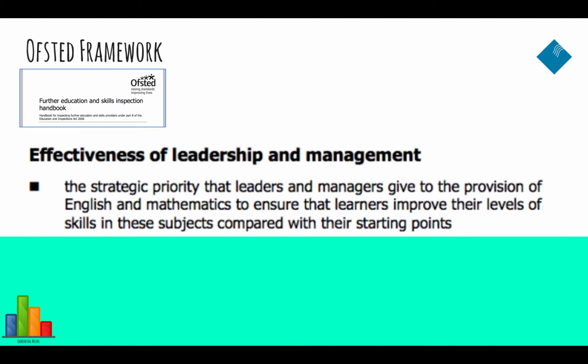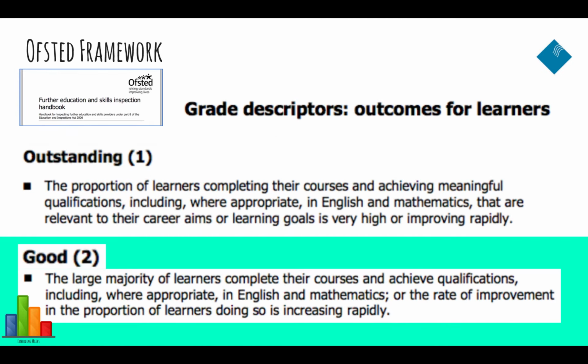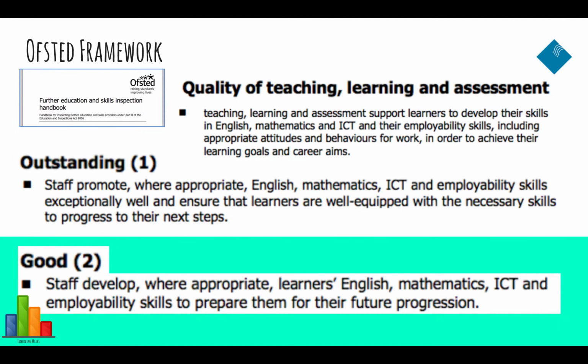Okay, so this is what Ofsted would like to see, and obviously you can pause that as and when you wish, but this is the important one that I wanted to look at in terms of what's expected of teachers. How do we do this? How do we embed maths in our lessons, what does it look like, and how would it be graded a good, for example?